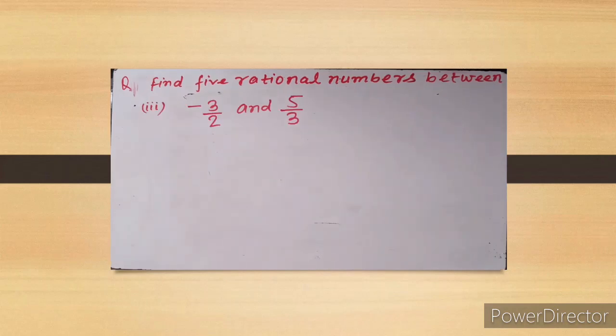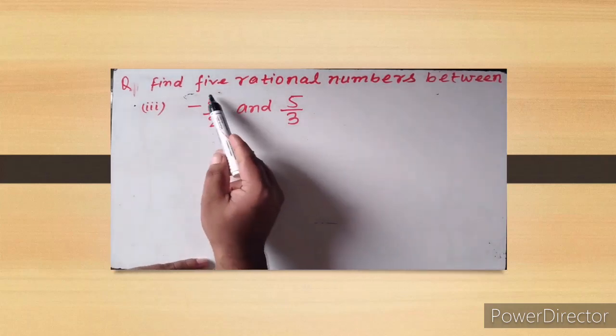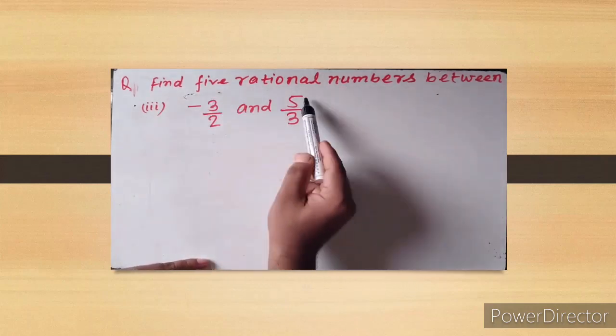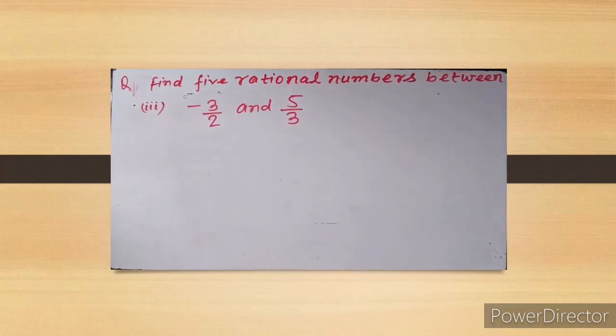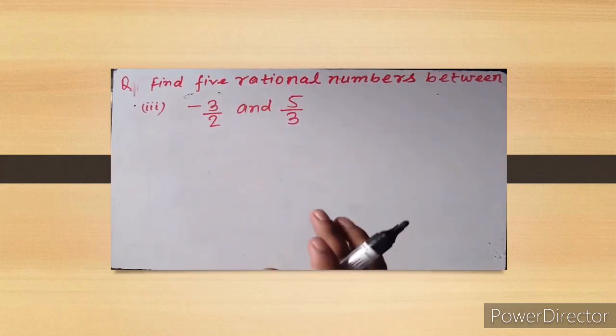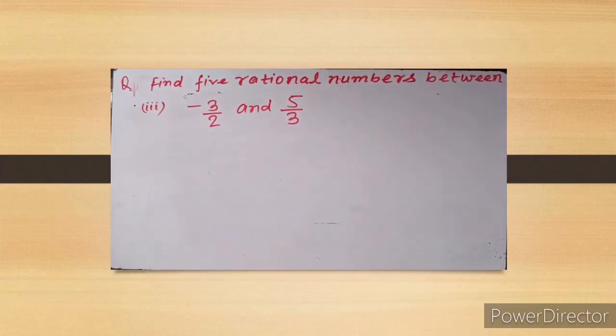Now in this question, students, if you see, this rational number is a negative rational number and this one is a positive rational number. Don't get confused after looking at this one being negative. You have to do it in the same way you did question number 1, 2.